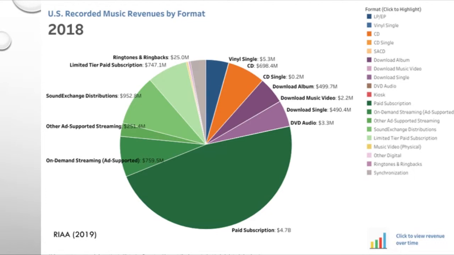Downloadable albums and downloadable music videos and stuff like that are also way down. The thing is, the future is in streaming. Everything is moving to the cloud. Everything is moving to a digital format. And we have to accommodate that or close the doors.